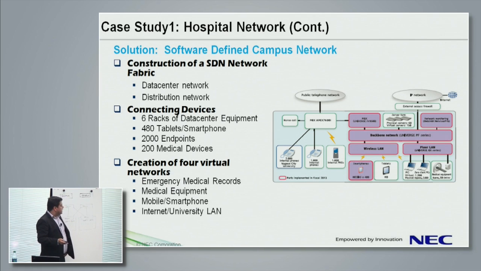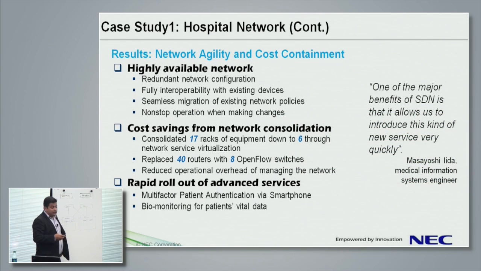And with that, they now have a highly available network, but that also allowed them to quickly roll out the new services. Some of the services they rolled out was a biomonitoring for patients' data. But not only that, they were also able to start saving some cost, their operation cost, by reducing the number of equipments they have in the network.